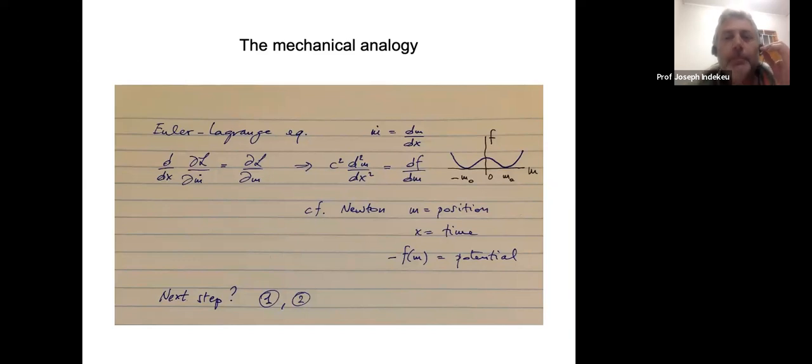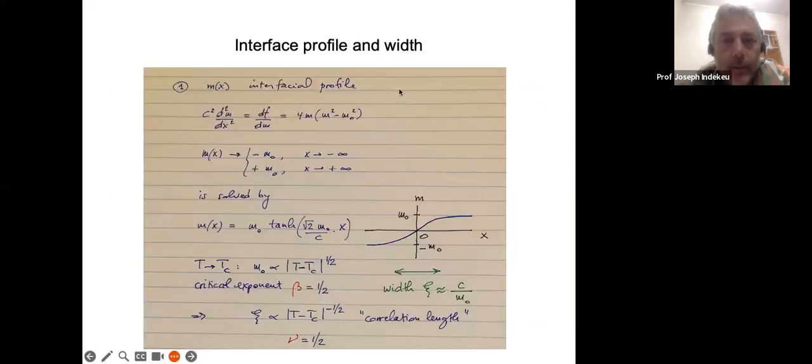And the first thing we're going to do is to solve our dynamical equation, or the equation of motion, subject to the proper boundary conditions, that the particle starts at minus m0 and ends up at plus m0. So let's calculate this profile.